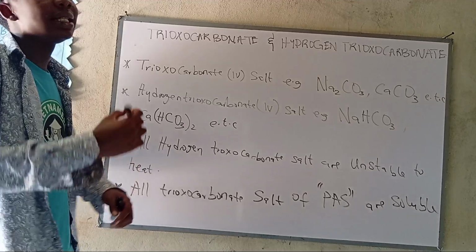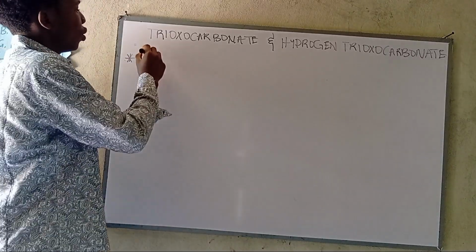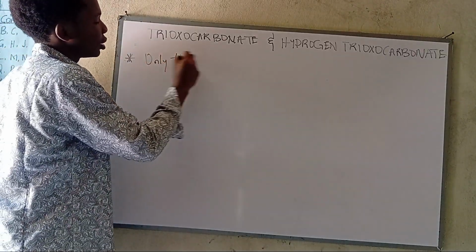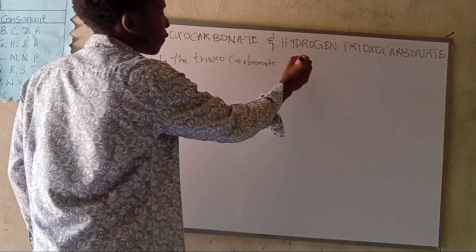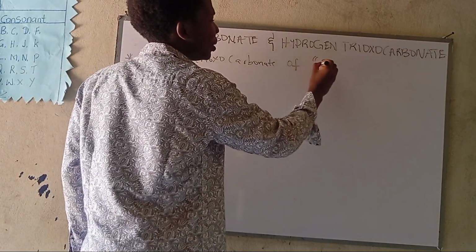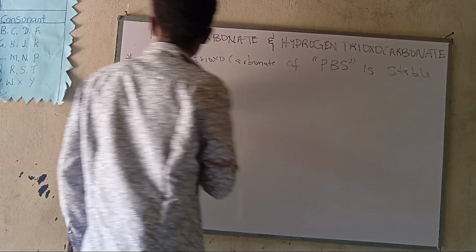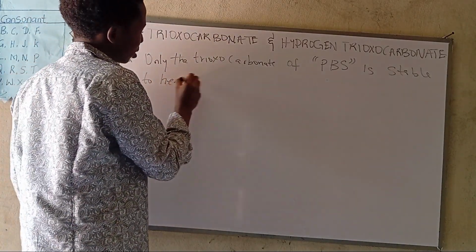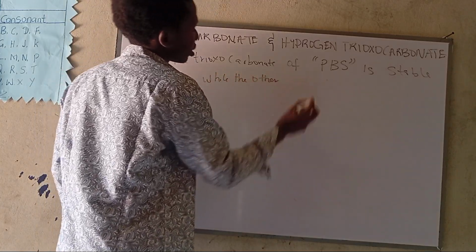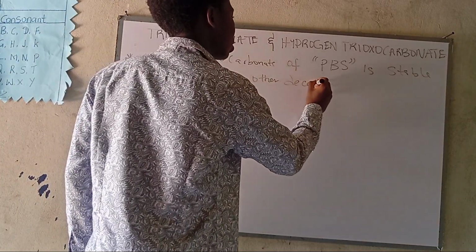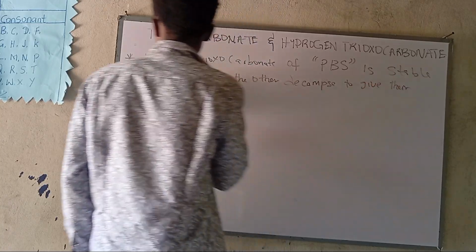Alright. Now the next rule: only the trioxocarbonates of potassium, barium, and sodium are stable to heat, while the others decompose to give their oxides.